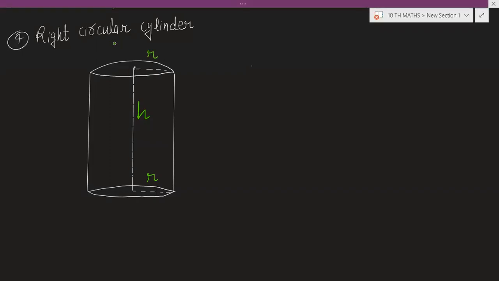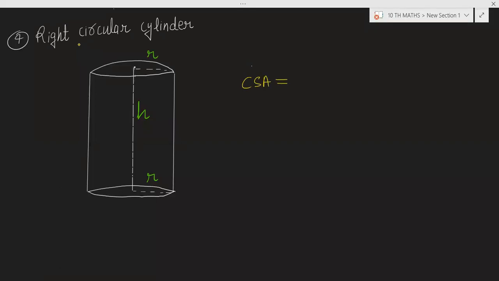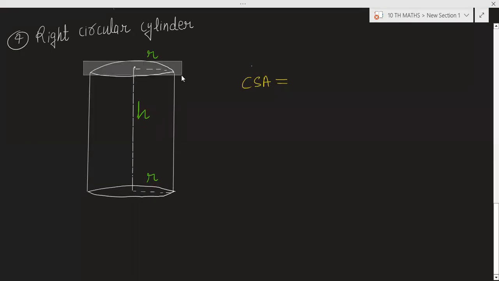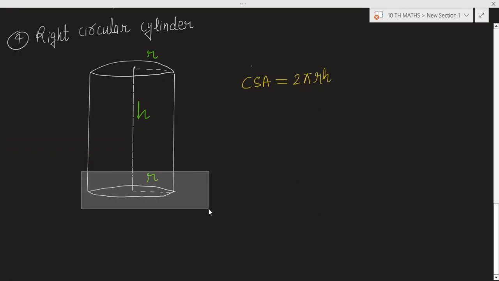So for this, the curved surface area CSA is given by... If you take curved surface area, then it means you will not take this area and this area of the base, you will exclude them, and the curved surface area of the cylinder is 2 pi rh. If you consider total surface area, means you will consider curved surface area plus area of the base of the cylinder.